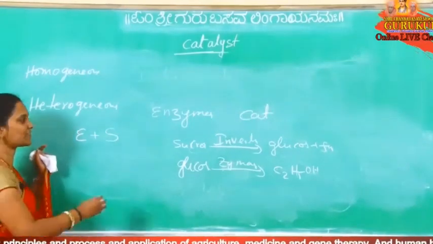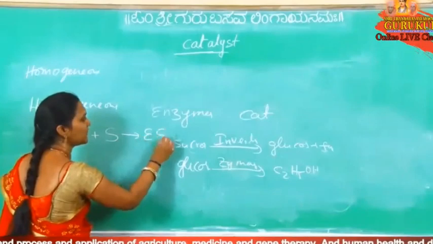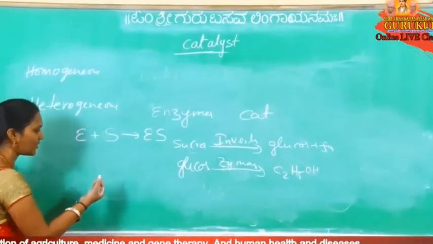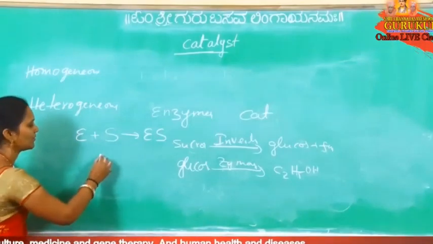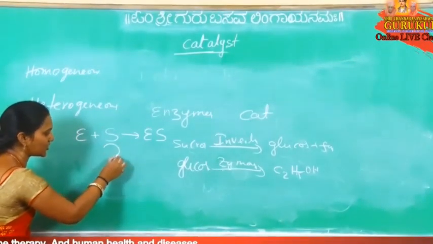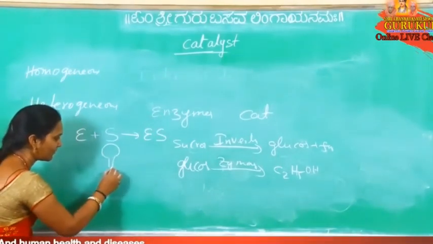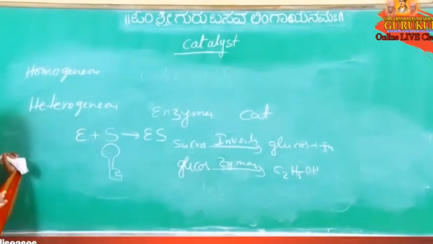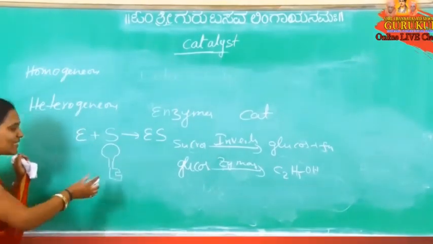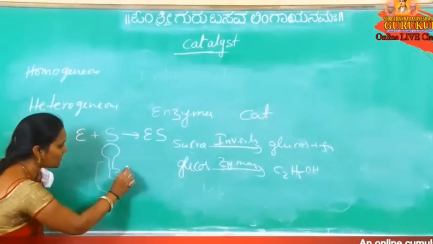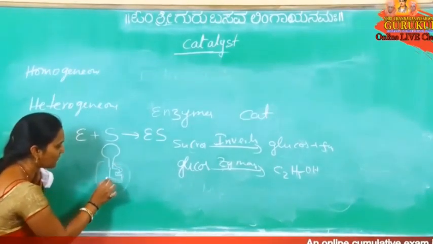Enzyme plus substrate gives one intermediate complex, the enzyme substrate. The substrate has a lock-like structure, and the enzyme has a key-like structure. The active site has the same structure.